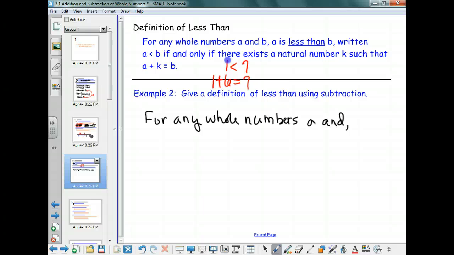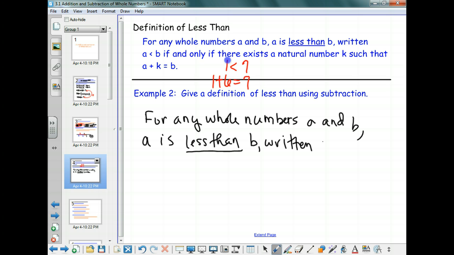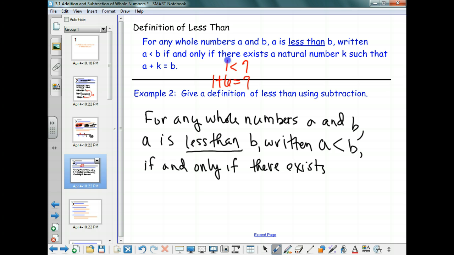So A and B. A is less than B, written A, the symbol less than, B, if and only if there exists a natural number K such that what?